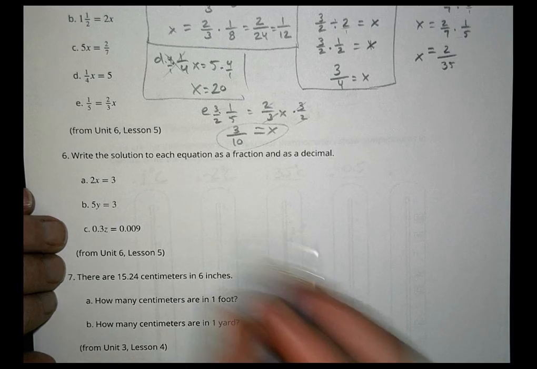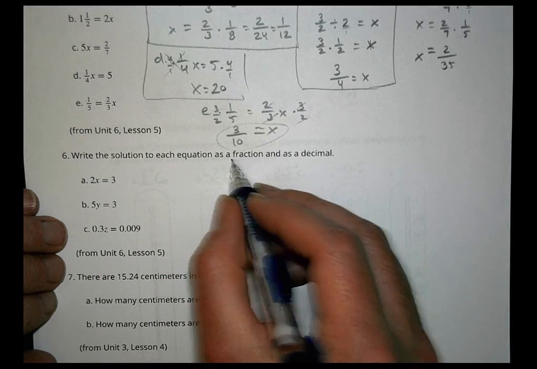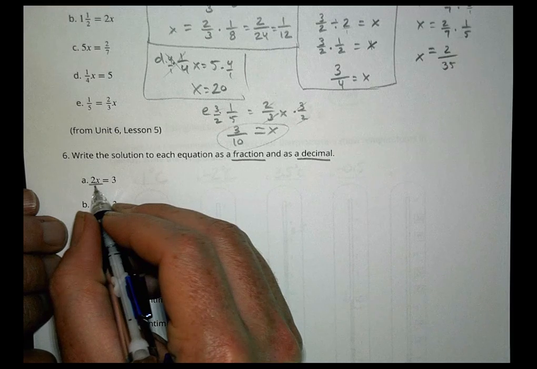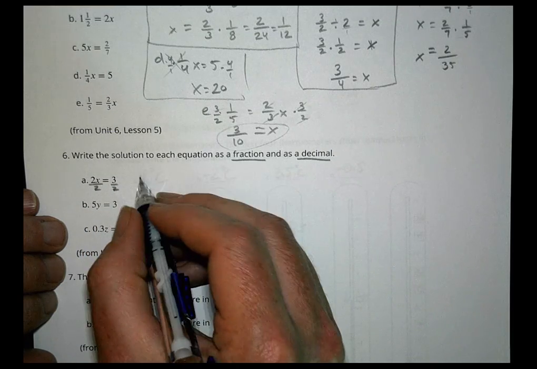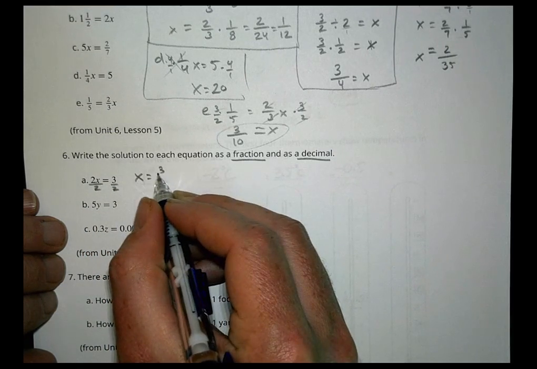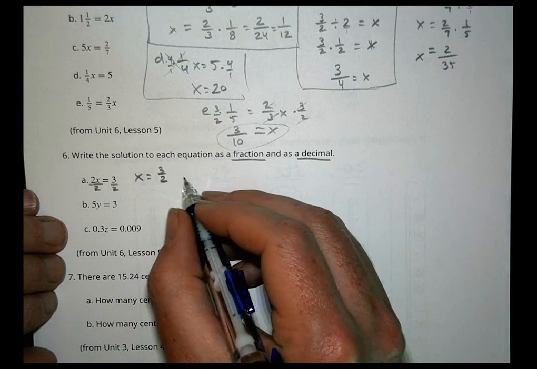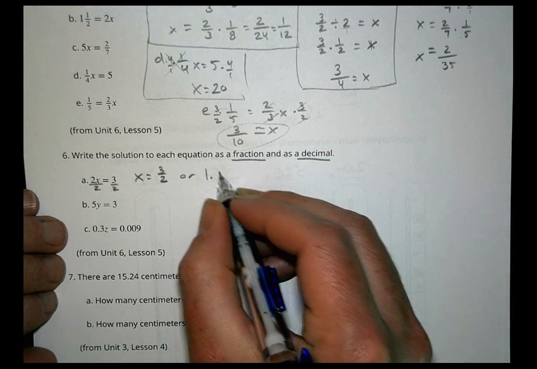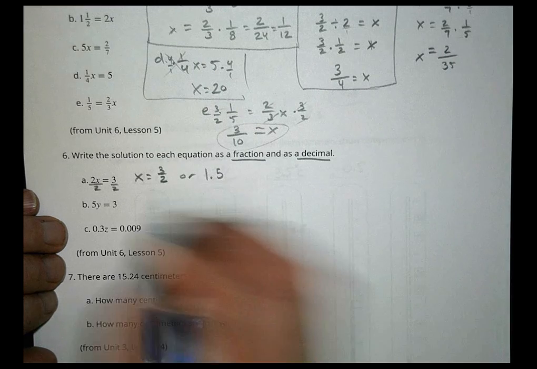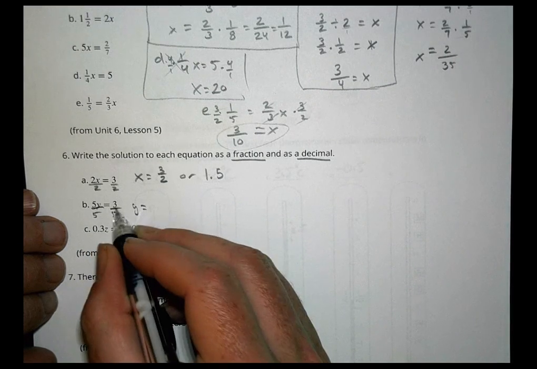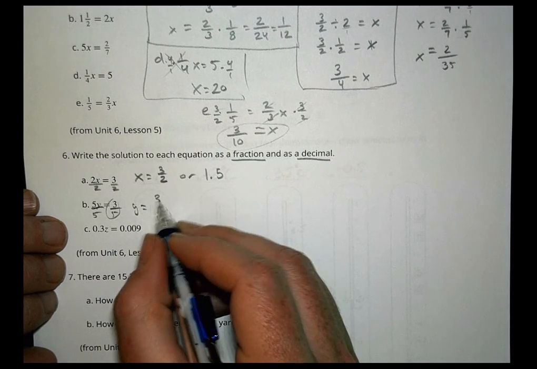Alright, number 6, write a solution to each equation as a fraction and a decimal. So, to get those separated, I divide both sides by 2. So x equals 3/2, that's a fraction. As a decimal, 3 divided by 2 is actually equal to 1.5. For this one, I'll divide both sides by 5. So y equals, my fraction is 3/5.